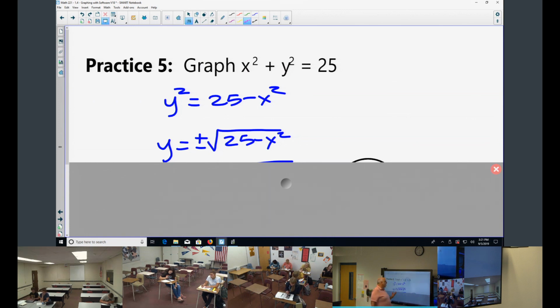Well, where's the plus or minus key on the calculator? There isn't one. Very good. Trick question. So how do you put this in? You do two separate ones, one for the plus and one for the minus. That's right. So go ahead and do that and just see what the graph looks like.